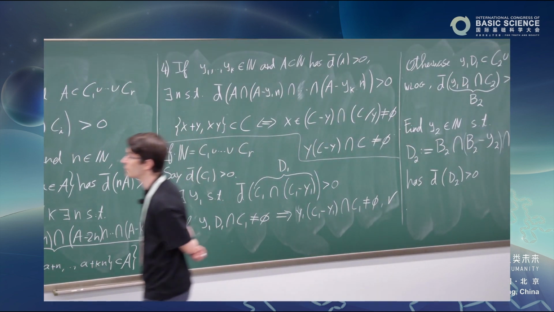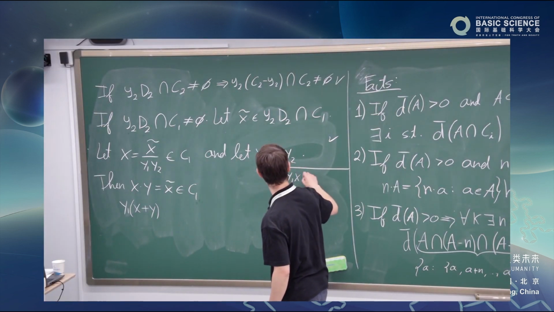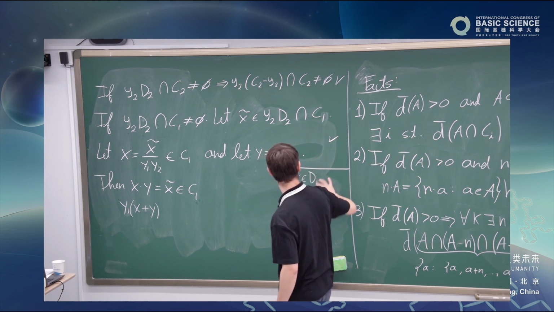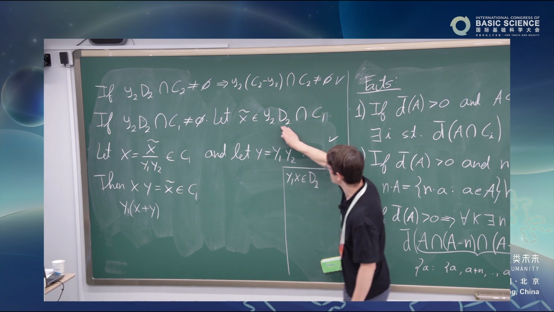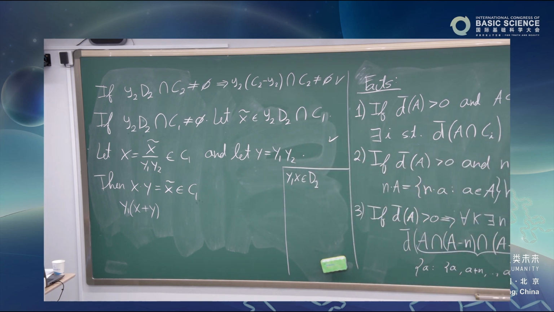So let's do some auxiliary calculations here. y1 times x is in D2. So it's this point here. And because it's in D2, I can add to it y1 squared y2, and it will still be in B2.